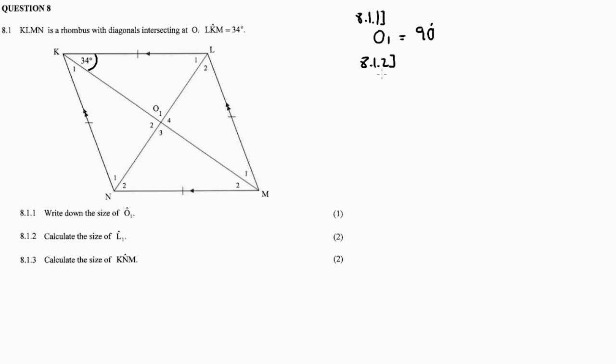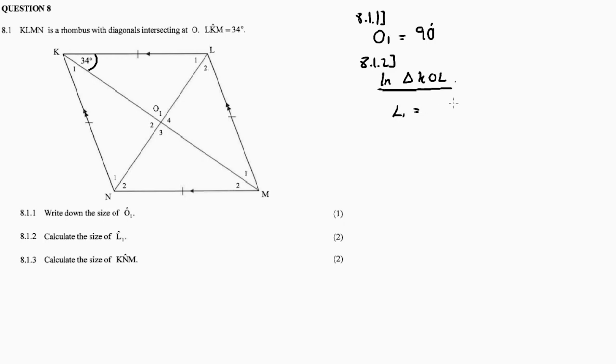Calculate the size of L1. Now L1, O1 and angle LKM are in a triangle. In triangle KOL, we see that we want L1.